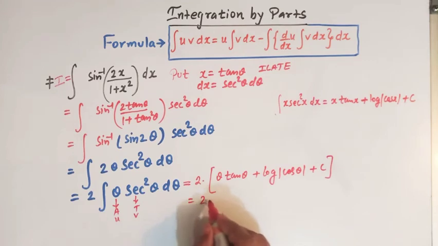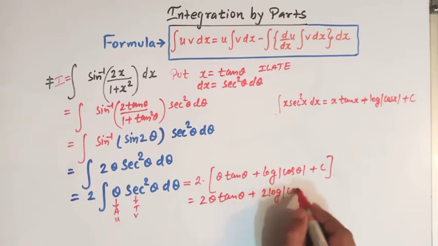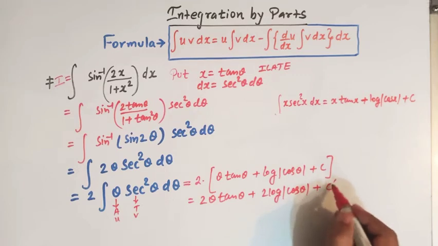Now this can be written as 2 theta tan theta plus 2 log cos theta, and 2 times c is again a new constant, c prime.